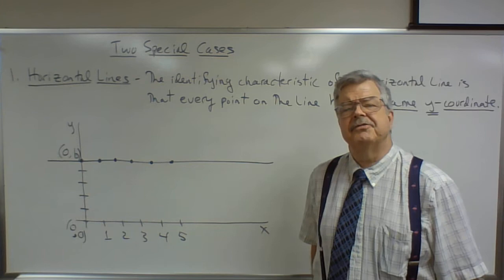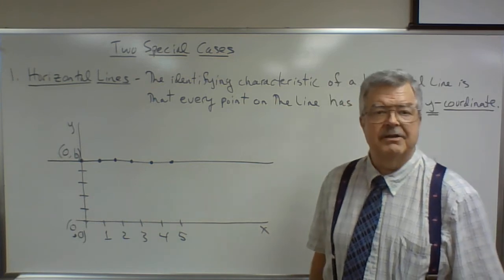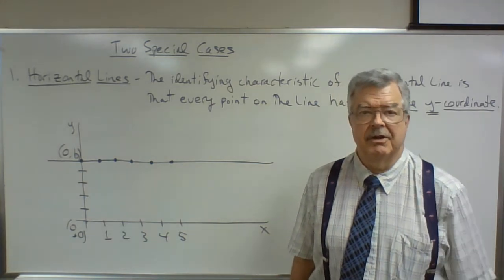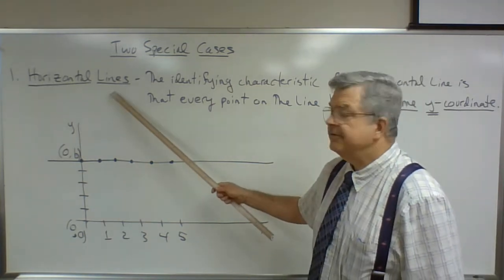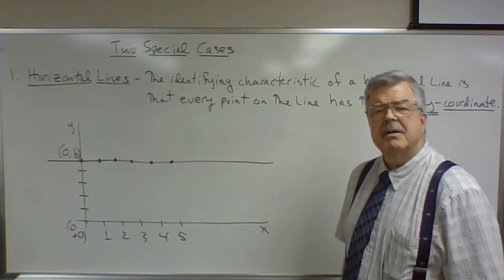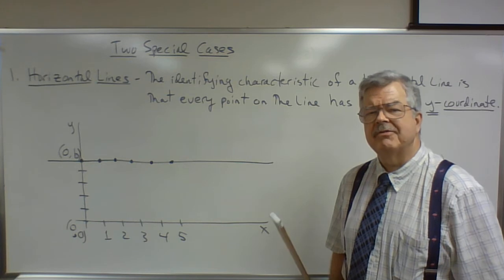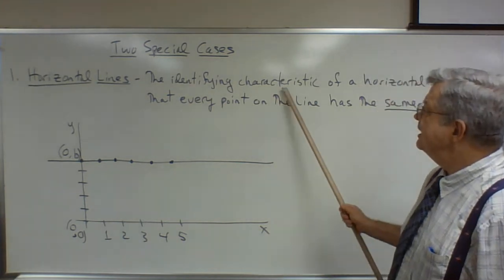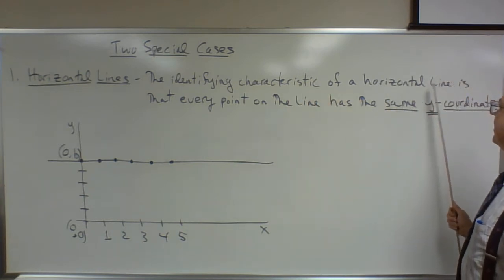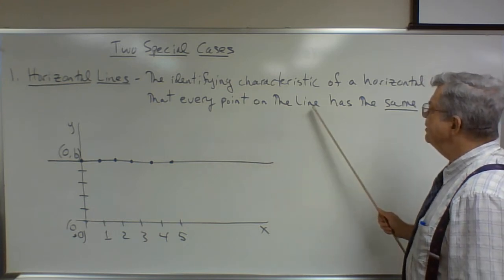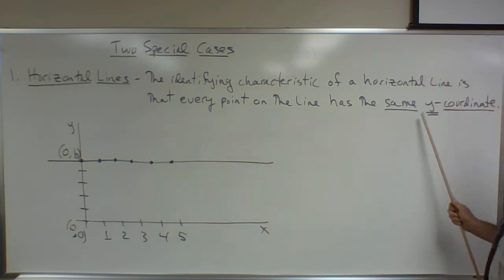As far as the slope of a line is concerned, there are two special cases that we should look at. The first case is horizontal lines. And when it comes to horizontal lines, we have to remember something. The identifying characteristic of a horizontal line is that every point on the line has the same y coordinate.